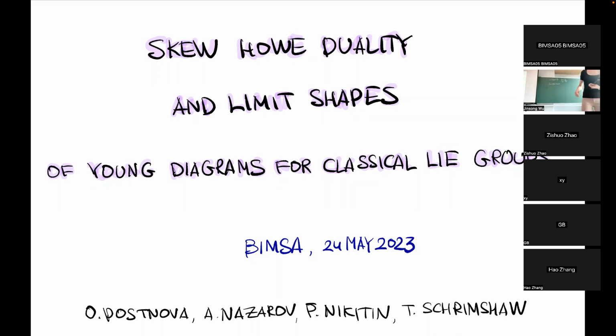Maybe I can show you the slides. But actually, this is one part that was studied, and then there is this Skew Howe duality, which I have introduced in the name of my talk.